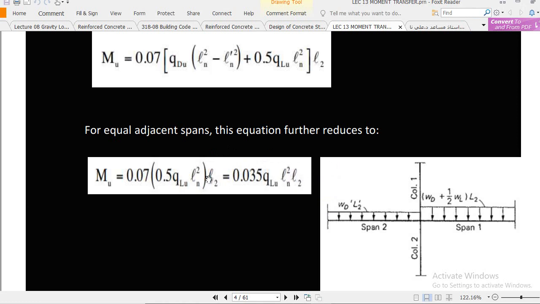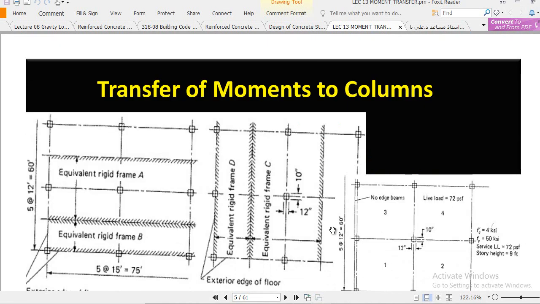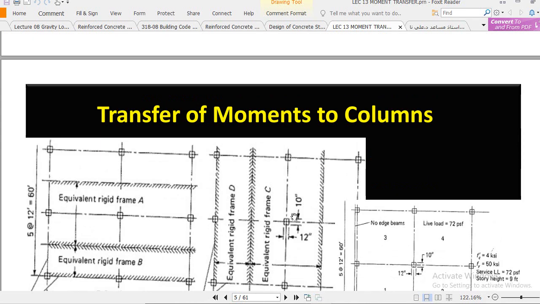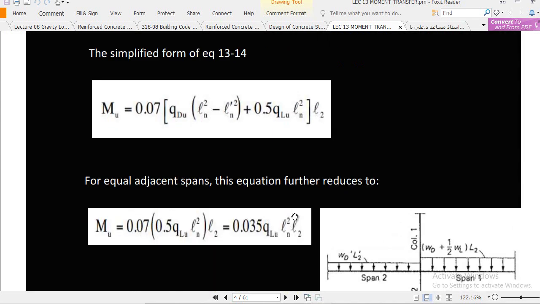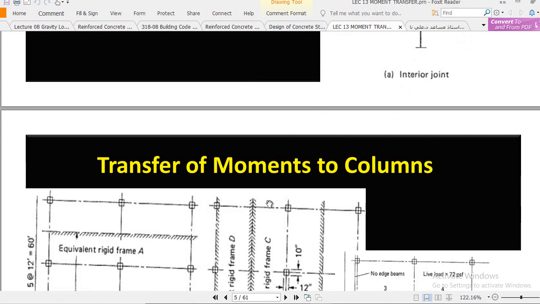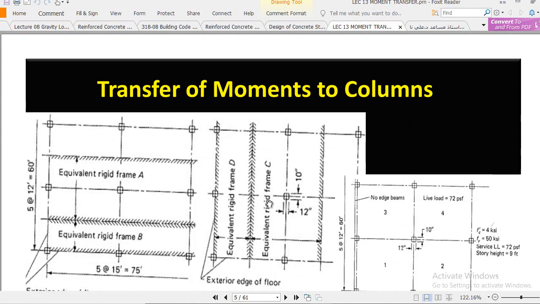The equation adopts a new shape, and this will be the final equation. Now if span 2 and span 1 are equal, adjacent spans are equal. Now we did one example showing how the unbalanced moment is distributed to the exterior column and to the interior column.